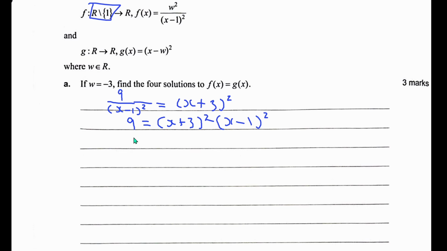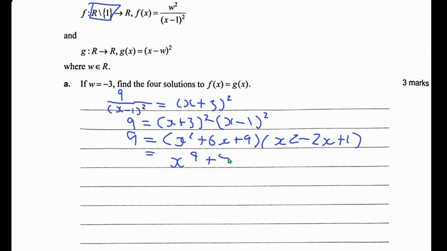Okay, so we can expand and get (x squared plus 6x plus 9)(x squared minus 2x plus 1). And then expand again and get x to the power of 4 plus 4x cubed minus 2x squared minus 12x plus 9.